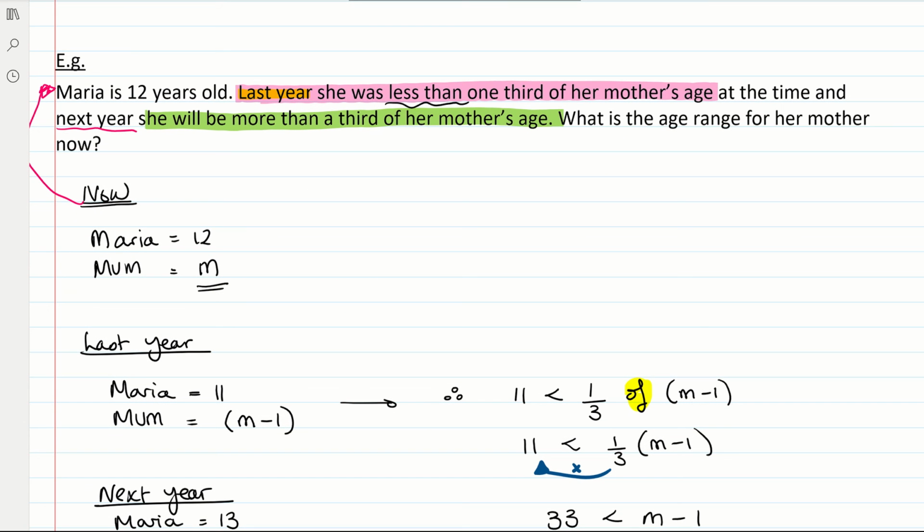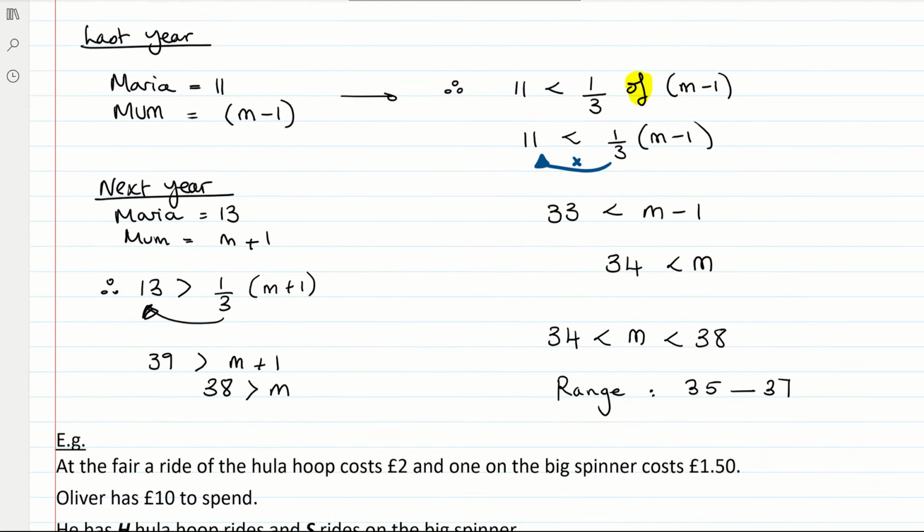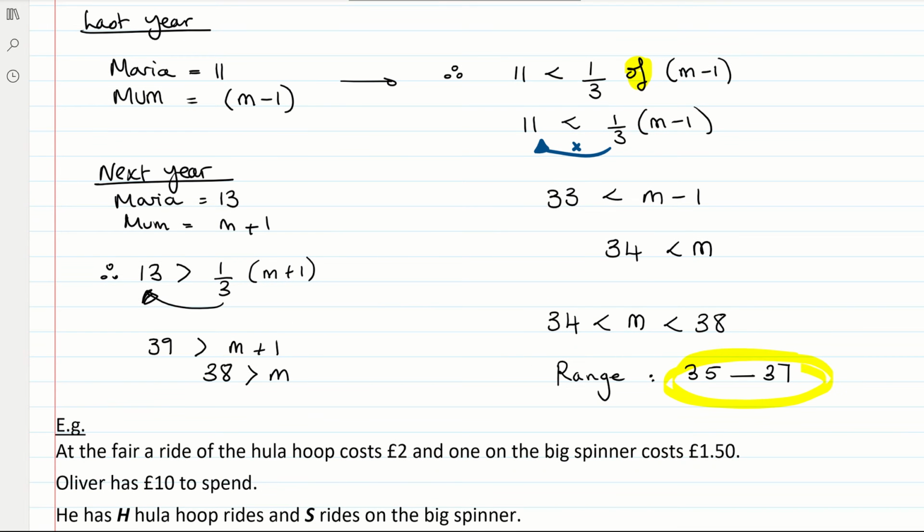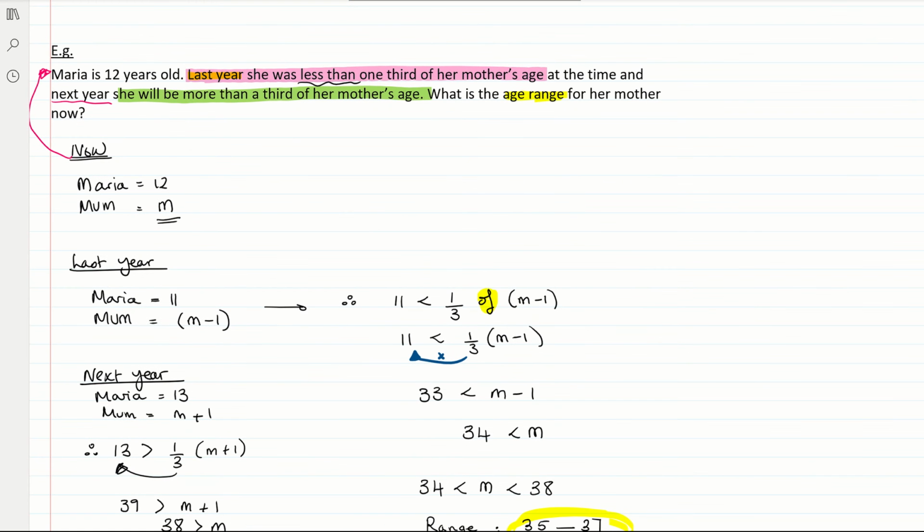And it says what age range. So it doesn't simply want an inequality, it wants the actual figures. The age range is 35 to 37. So this was a complicated question. You needed to identify the time, now, last year, next year, and you also needed to identify the unknowns, the variables.